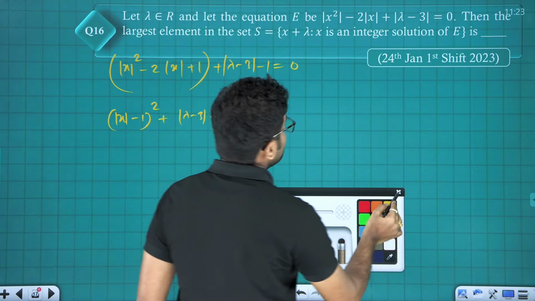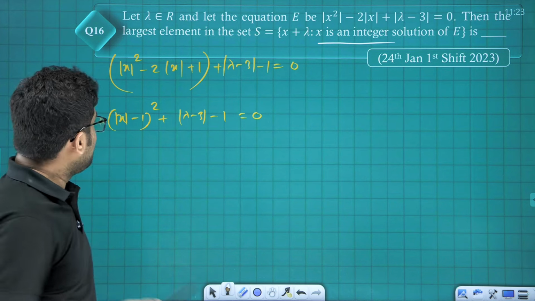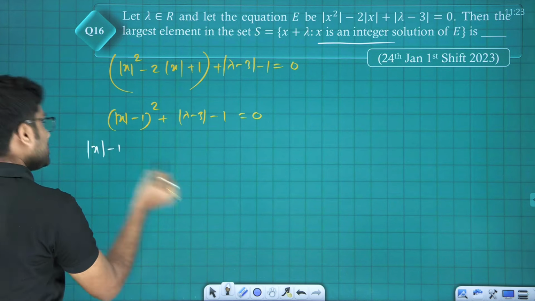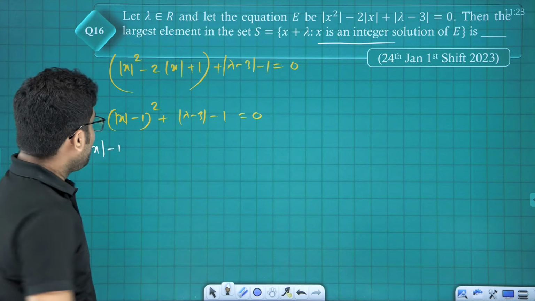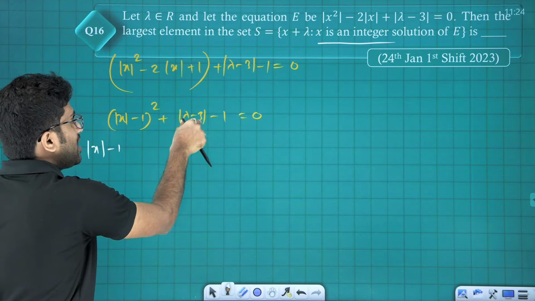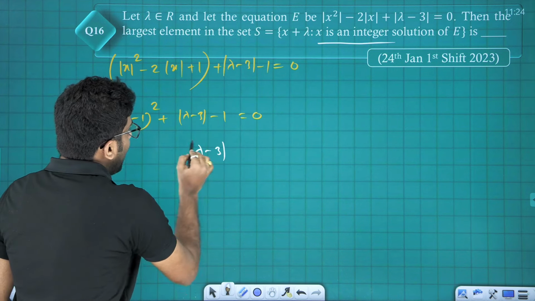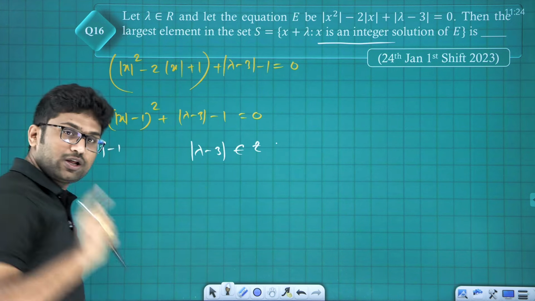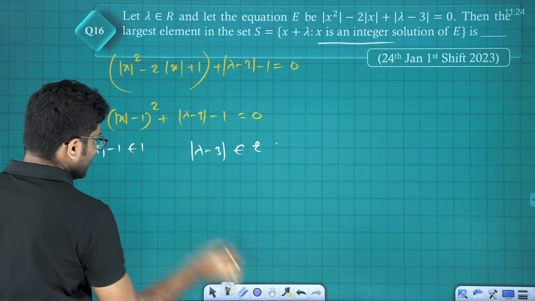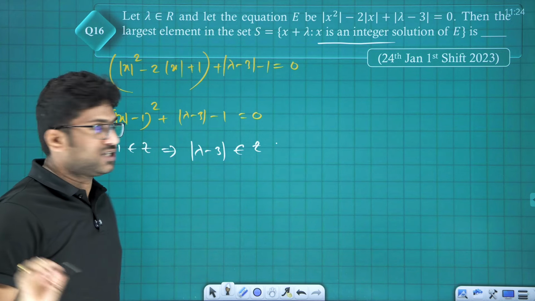Now clearly, friends, they have given x is an integer. If x is an integer, mod x minus 1 is also an integer. If mod x minus 1 is an integer, that means mod of lambda minus 3 minus 1 is also an integer. So lambda minus 3 is also an integer only now. Clear? If this belongs to Z, this also will be an integer only.